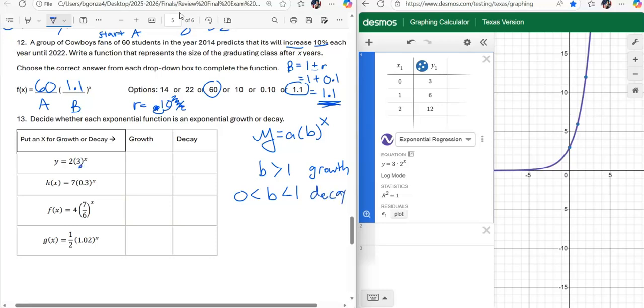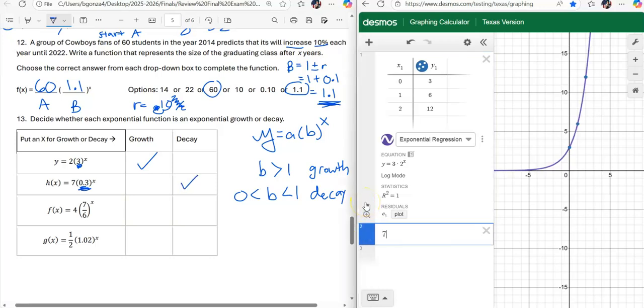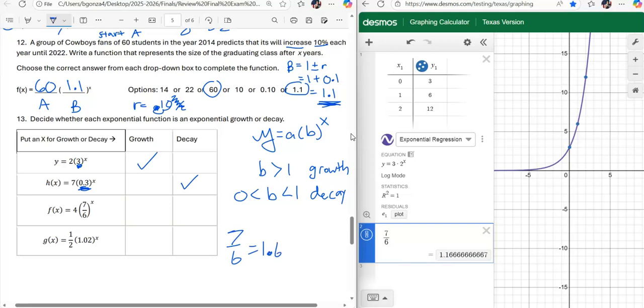So look, 3 is greater than 1, growth. 0.3 is less than 1, decay. Now 7 over 6 is 1.16 repeating, okay? That is greater than 1, so that means it is growth. So that was this one. 1.02, that's growth. It's greater than 1, okay?